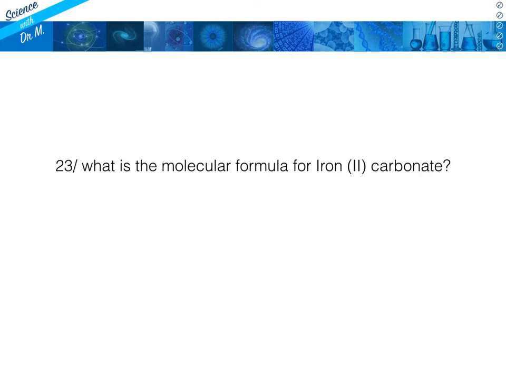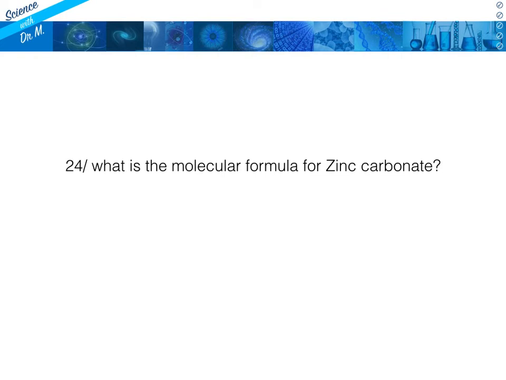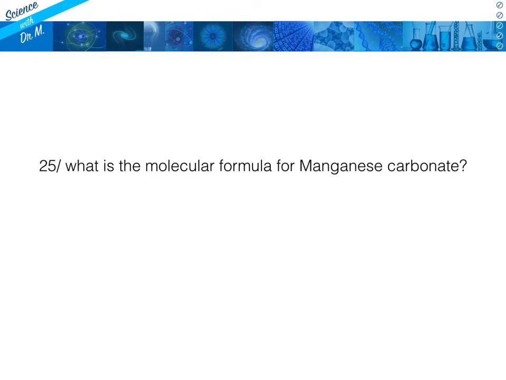Molecular formula for iron carbonate. FeCO3. Molecular formula for zinc carbonate. ZnCO3. Molecular formula for manganese carbonate.